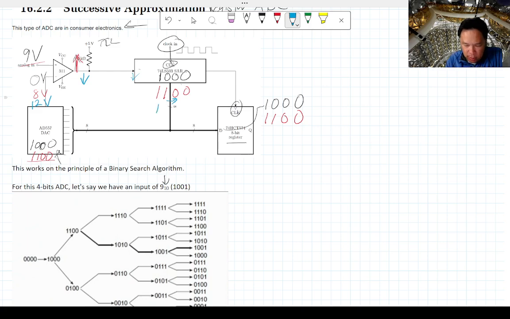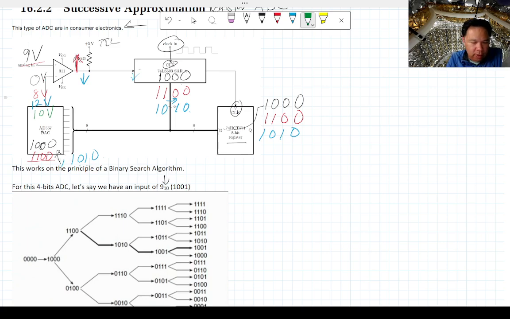So you get 1010. That's going to get stored in your register, and copied over to your DAC. Now this value is not 12 anymore. This is 8 plus 0 plus 2, so now this is actually at 10 volts. So this DAC will output 10 volts.